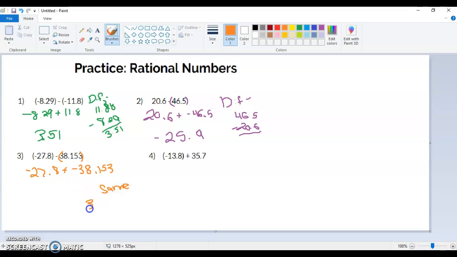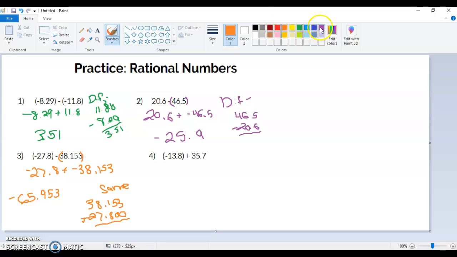Gotta line up those decimals. Add in some zeros so that everything lines up. Our answer will be 65.953. Because both of our originals and our addition problem have negatives, it's going to be a negative.